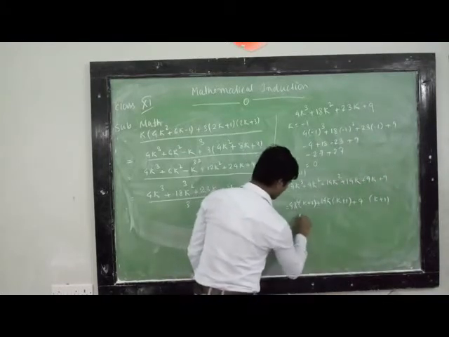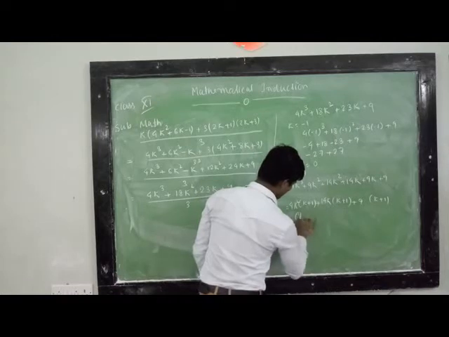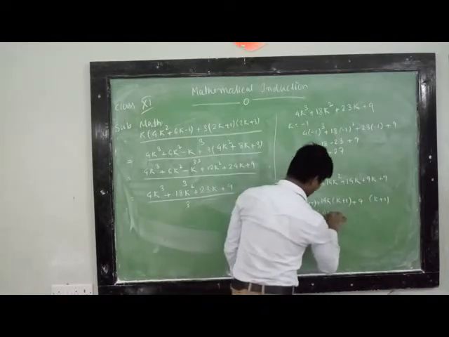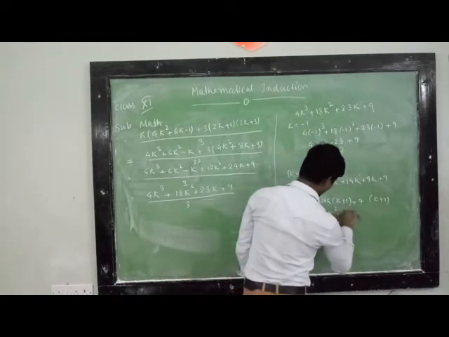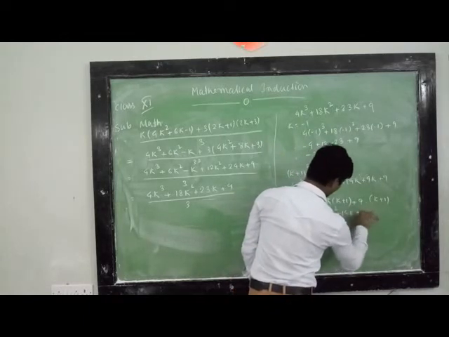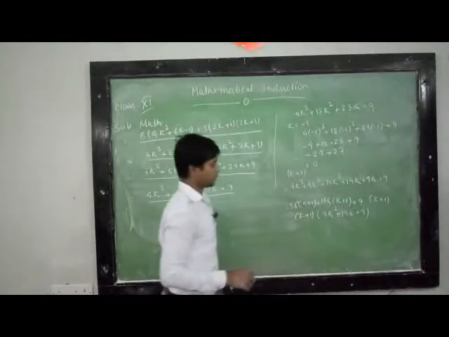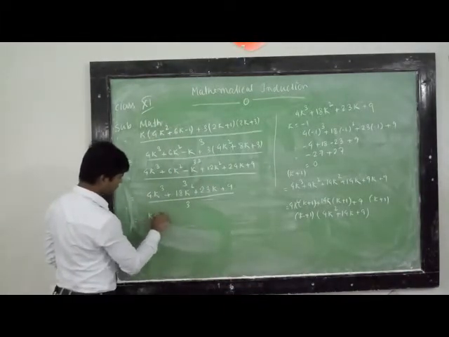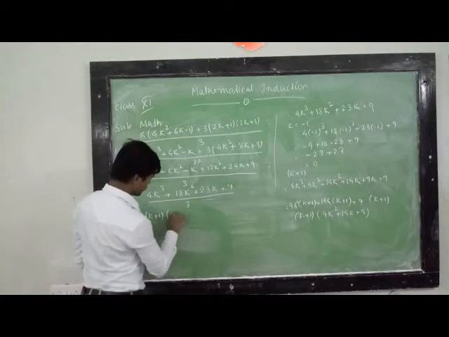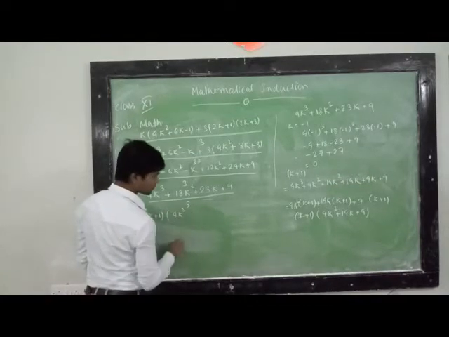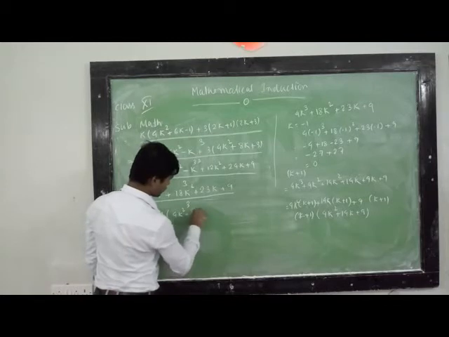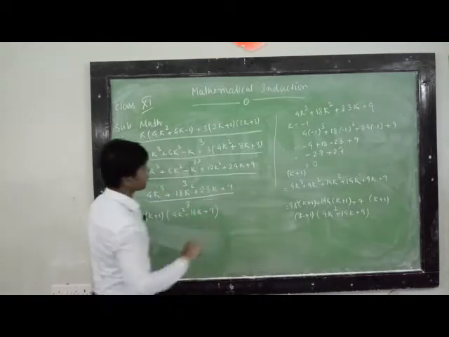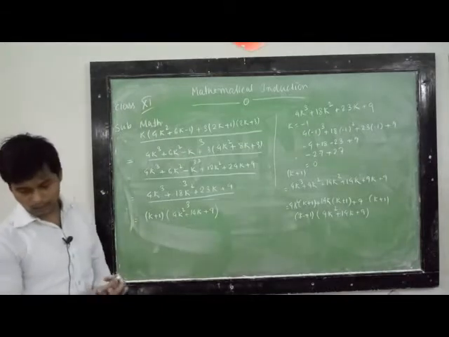So that is equal to k plus 1 in one bracket, and write 4k square plus 14k plus 9 in another bracket. So this expression can be written in the form k plus 1 into 4k square plus 14k plus 9.